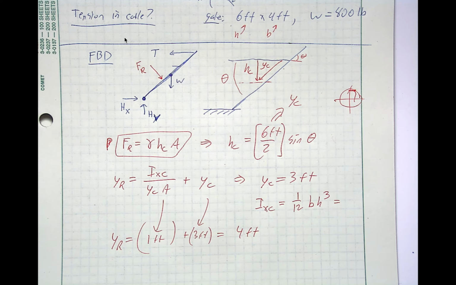The moment of inertia of a rectangle is one twelfth b h cubed, and I guess it's understood that we are comfortable with that, after statics, dynamics, and mechanics of materials. One twelfth b h cubed.